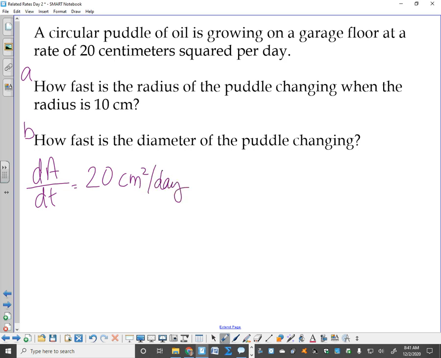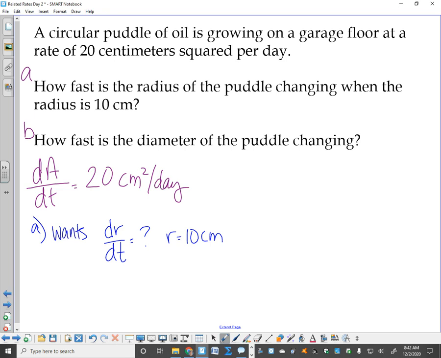Okay, so part A wants how fast is the radius of the puddle, so dr/dt, when the radius is 10 centimeters. Okay, so I want dr/dt.